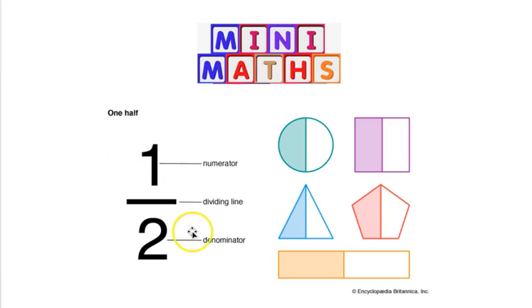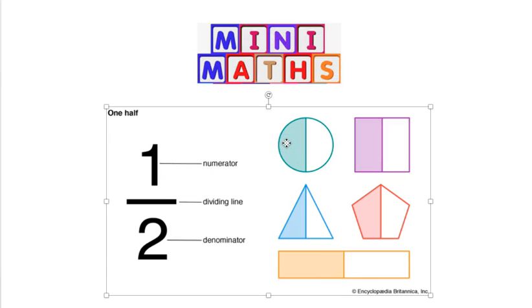This is how it looks. Here is a denominator. These fractions each have 2 equal parts. 1 is the numerator because it tells us that only one part of each is shaded, and this is the dividing or the sharing line. The technical name for that is vinculum.